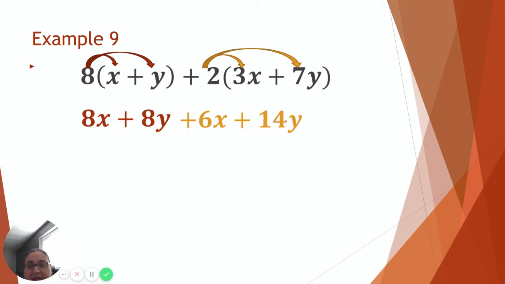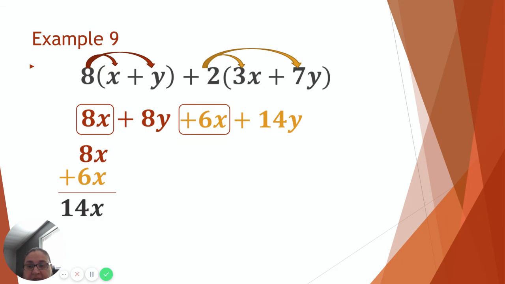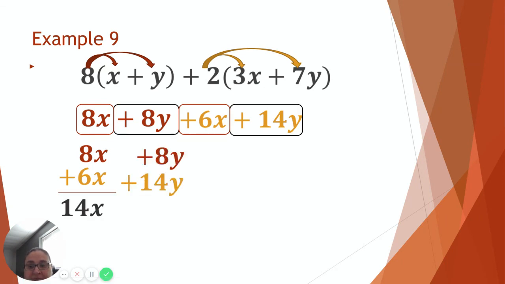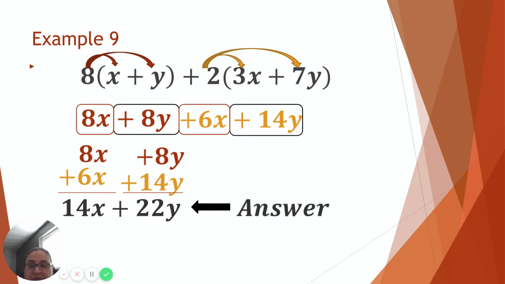Now I want to combine like terms. All the x's go together, all the y's go together, and I always like to do this alphabetically. So first I'm going to combine the x's. 8x plus 6x is 14x. 8y plus 14y is 22y. So my final answer is 14x plus 22y.